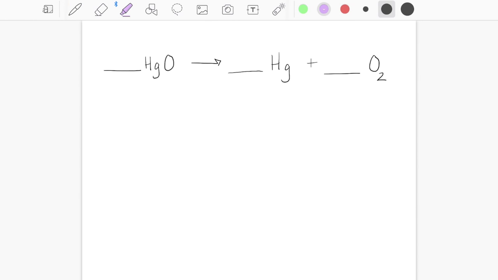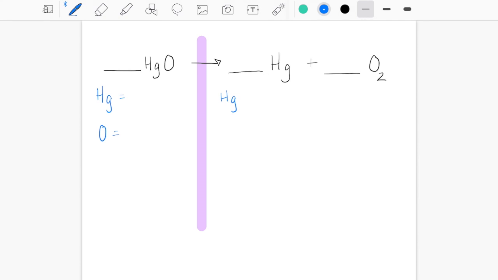Again, I like to just separate my two sides, the reactants and the products, and then list the elements that I have on each side. So I have Hg on this side, so I'm going to have Hg on this one, and then oxygen and oxygen.